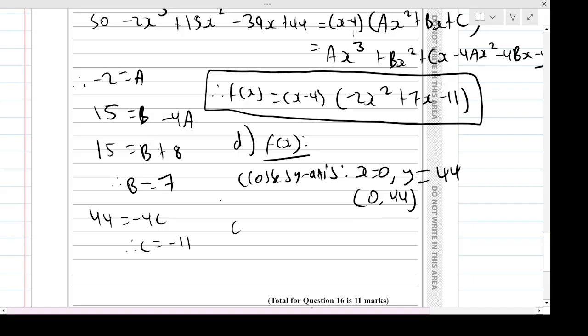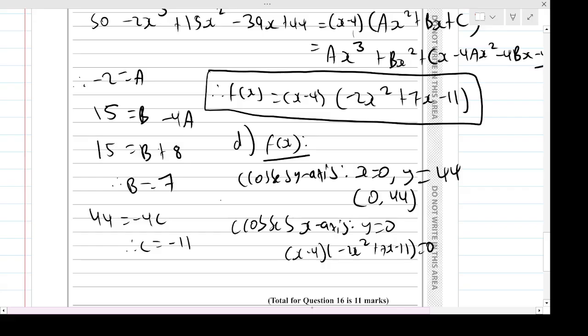Then we can do the same for x. So it crosses the x-axis when y is 0. Well, when y is 0, the function is 0. So we have the brackets x minus 4, times minus 2x squared add 7x minus 11, equals 0.